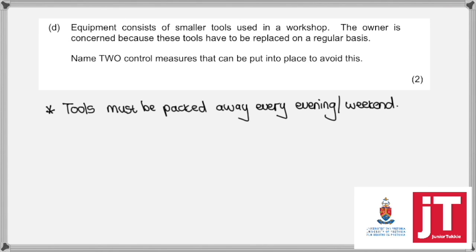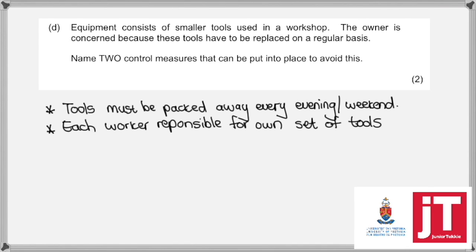So first we can say the tools must be packed away every evening and weekend, and we can say specific places. Secondly, each worker is responsible for their own set of tools, which means that when we as a business provide them with tools, they need to sign for it.